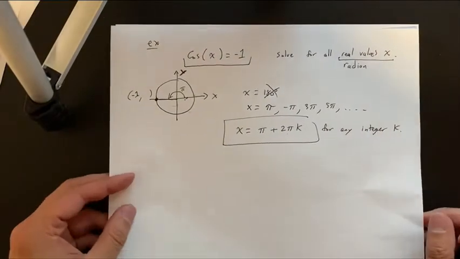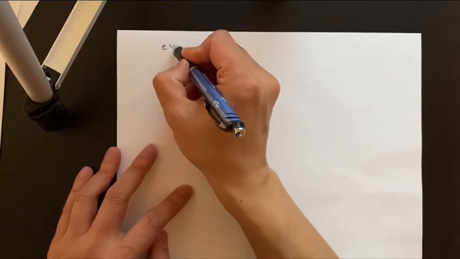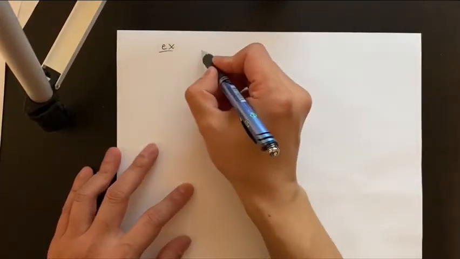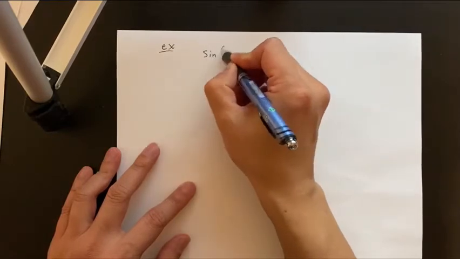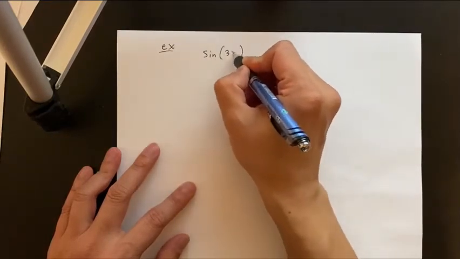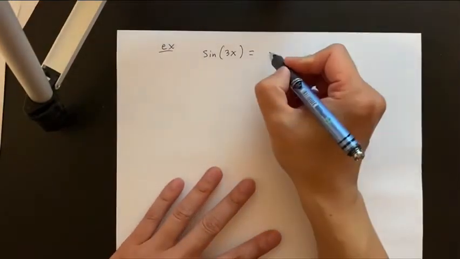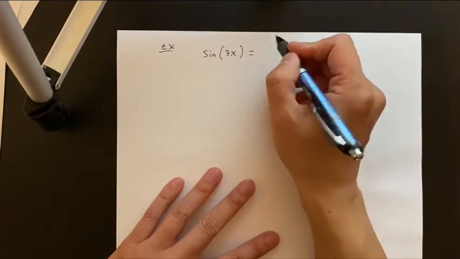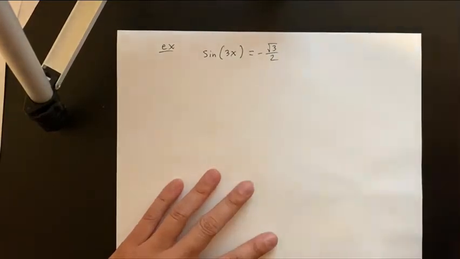All right, let me do one more example. I'm going to do another video where I'll get into a more advanced equation, but for this video, I'll keep it simple. So let's say I want to solve sine of 3x is equal to negative root 3 over 2.